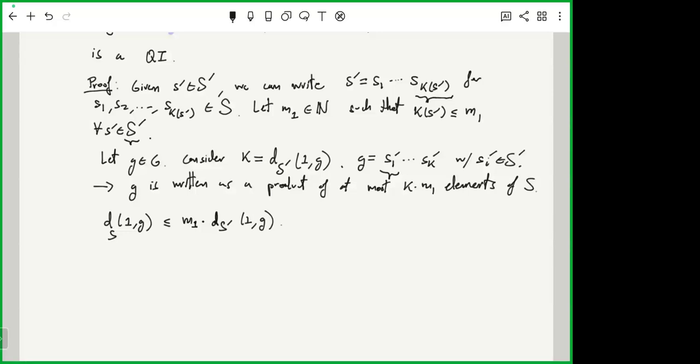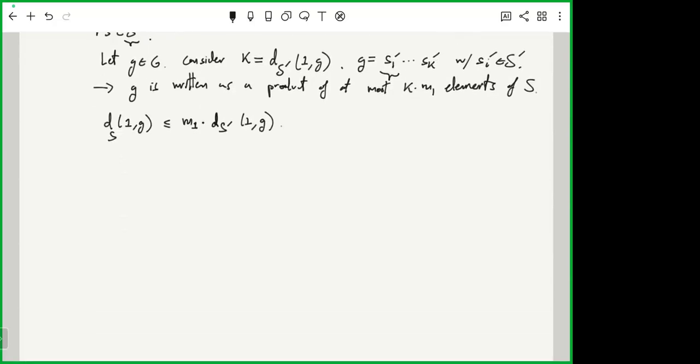So now for arbitrary g and h in my group, this inequality is also satisfied. Why?